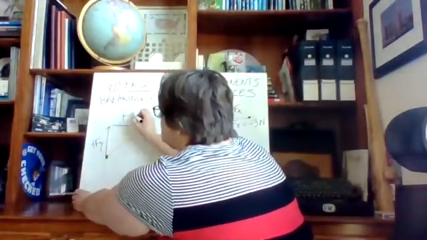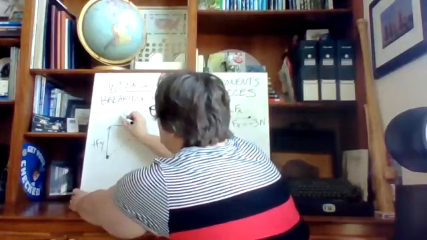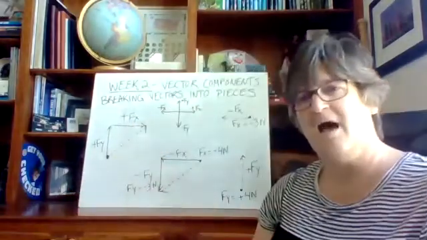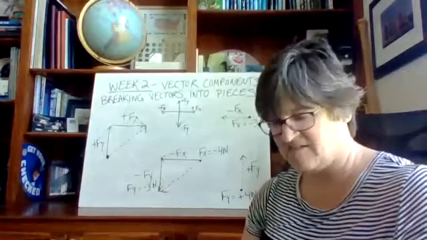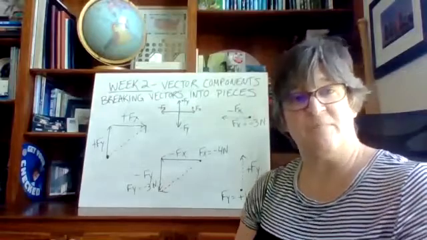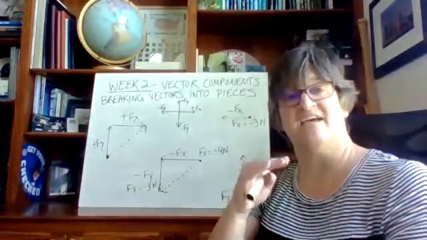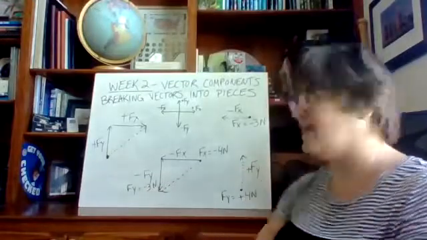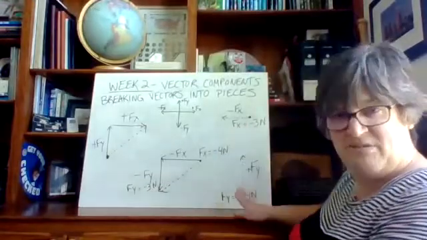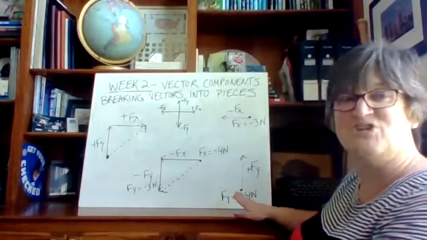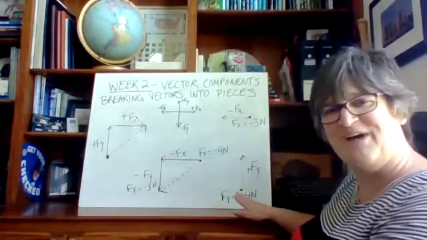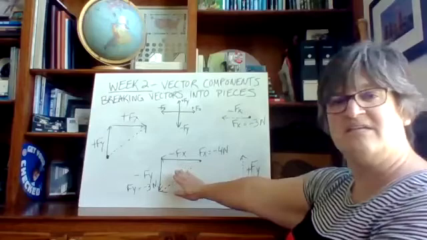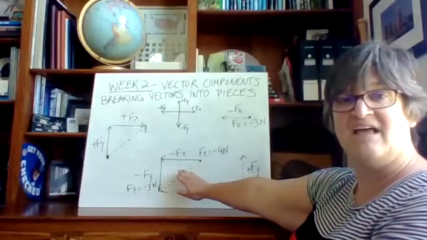The X piece is going to the right, so it would be a positive Fx. So vector components just means taking a diagonal line, if it's not pointing directly in the X direction or directly in the Y direction, and breaking it up into pieces so that it has an X part and a Y part.